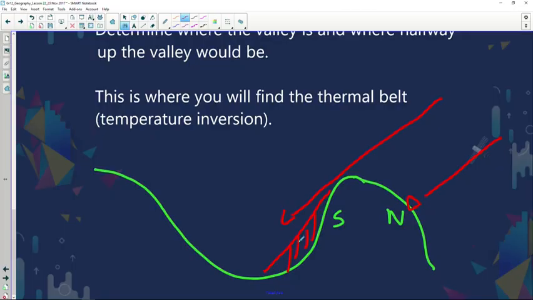As I've shown you, they're cast in the shadow, so they won't receive as much insolation as the north-facing slopes. So very importantly, when you get a question regarding aspect on your topographical map, go and look at the slopes, and you will see that possibly more people will settle on the north-facing slopes than the south-facing slopes.